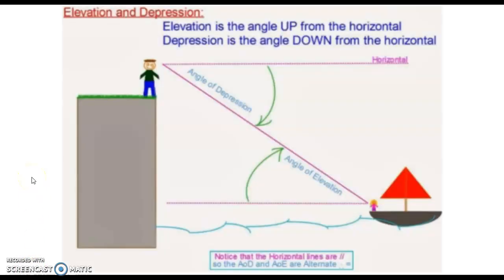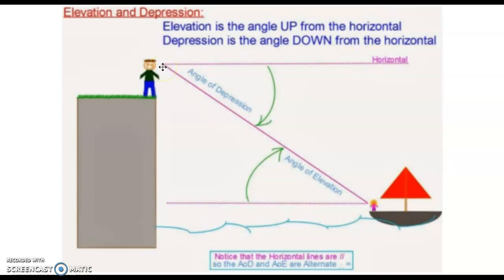And the last piece of information that we need to review is angles of elevation and depression, because we're going to see a lot of right triangles in the real world that we're going to evaluate different sides and angles for, and a lot of them have to do with angles of elevation and or depression. So the key thing to remember with an angle of elevation or depression is that it always has to include a horizontal line.